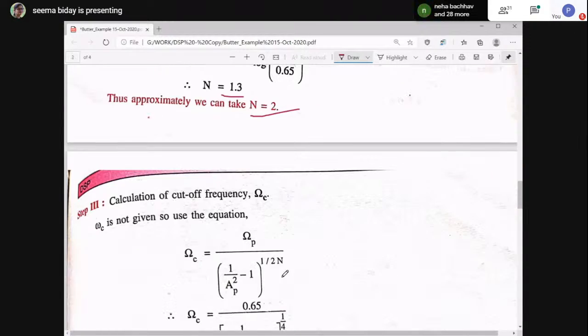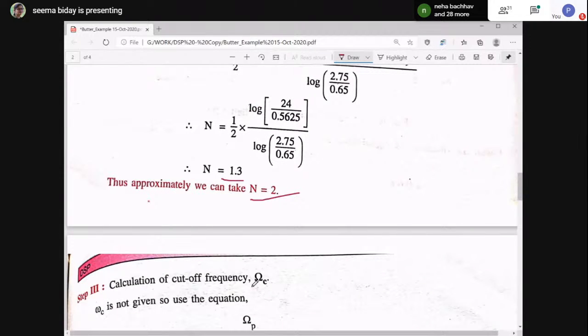What is the next step? Calculate omega C. Now this is the cutoff frequency. Rahul and all other students, this is the cutoff frequency, omega C. WP was not the cutoff frequency, omega P is different, omega S is different, omega C is different, right?